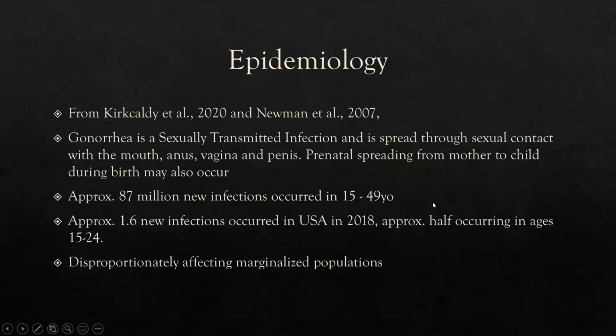And as we see stated here, approximately 1.6 million new infections occurred in the USA in 2018, half of these occurring in the ages of 15 to 24. So most notably, it is disproportionately affecting marginalized populations, those populations that I did touch on earlier.